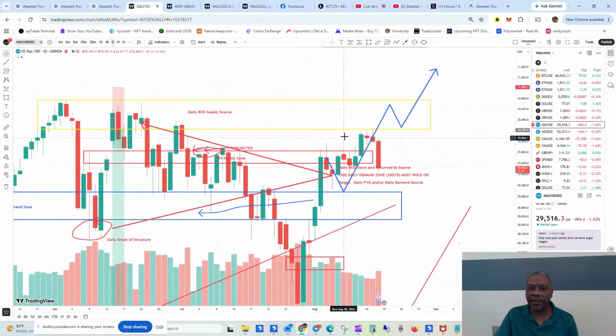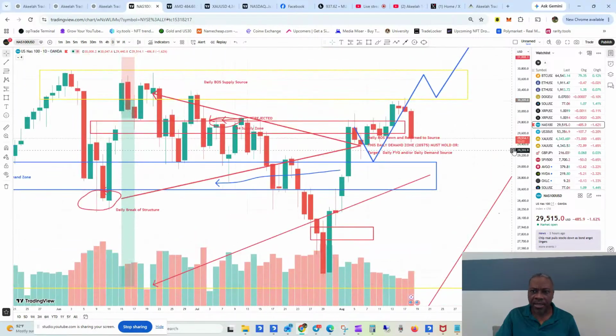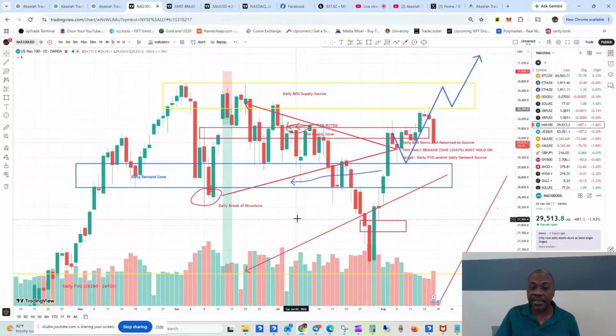So when and if the market pushed back to this area here, I expect to see that rejection. And that's exactly what happened yesterday. Going into today, it got just barely above this 30,200 area and got slapped back down to the downside. So as of right now, this structure on Nasdaq is still playing out. I still expect to see the market continue this move downward.